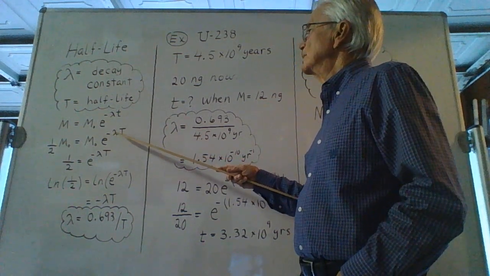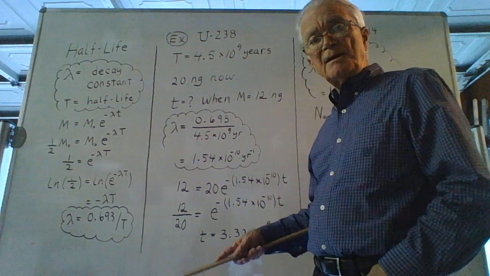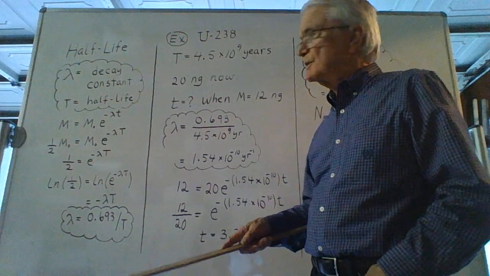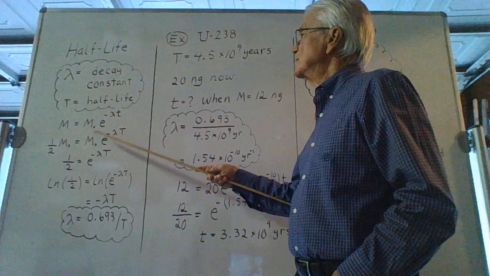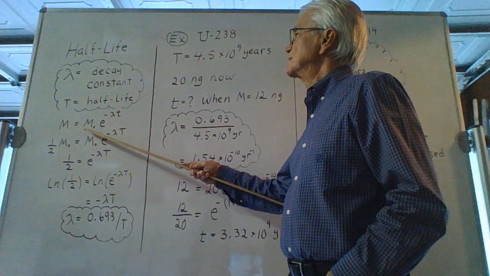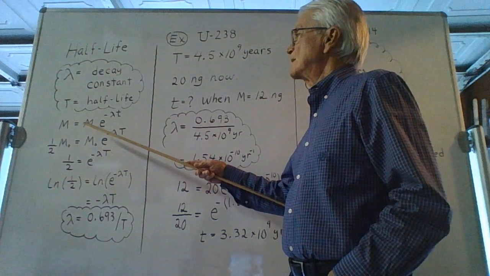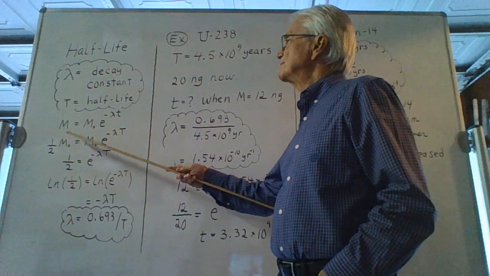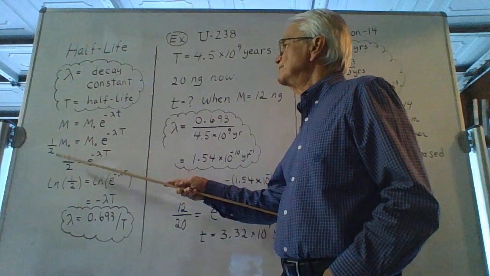Well, in a period of time known as the half-life, half of what you used to have is now gone. So if you used to have at time t equal to 0 a quantity of mass m naught, then a half-life later, capital T later, you'll have remaining only half of what you started with, 1/2 of m naught.